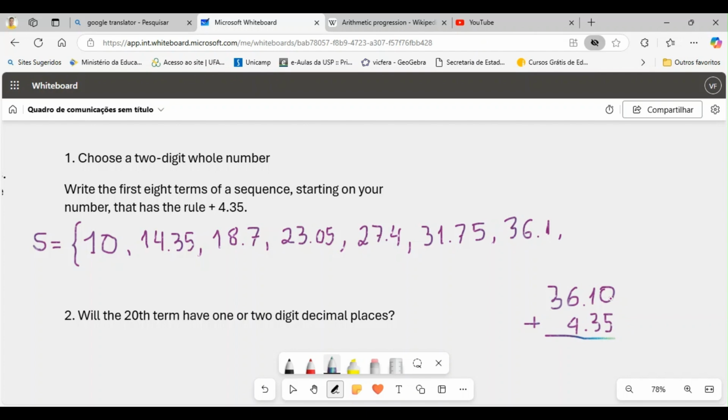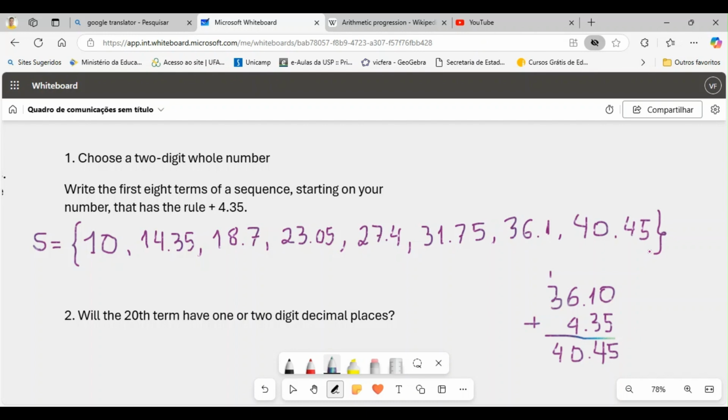We start from the right, and we start summing. 0 plus 5 is 5, and then the second column, 1 plus 3 is 4, and then the third column, 6 plus 4, we have a 10, and then on the last we have 1 plus 3, which is 4. So the final number will be 40.45. And here we go. We have the 8 terms of this sequence following the rule.